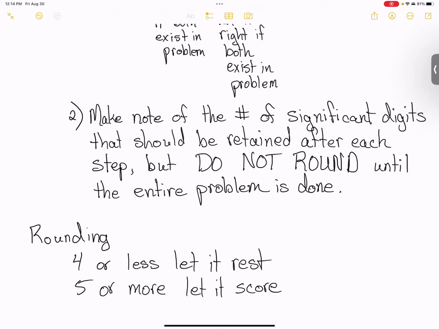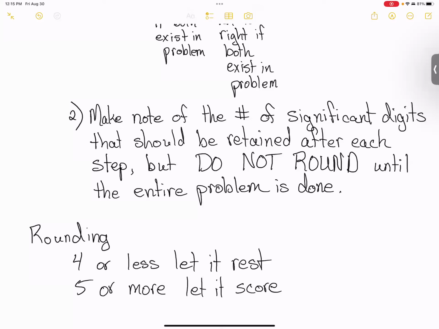There's a lot of different rules, but we're just going to keep it simple. If you continue into chemistry and take quantitative analysis, then you can be introduced to the other rules. But otherwise, we keep it pretty simple.